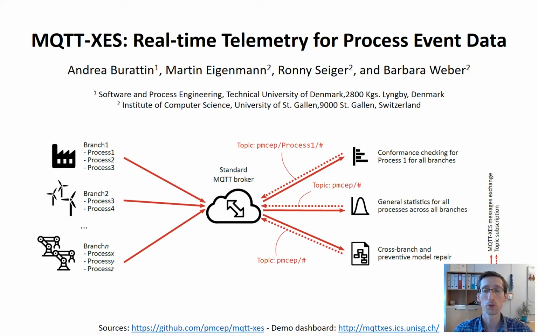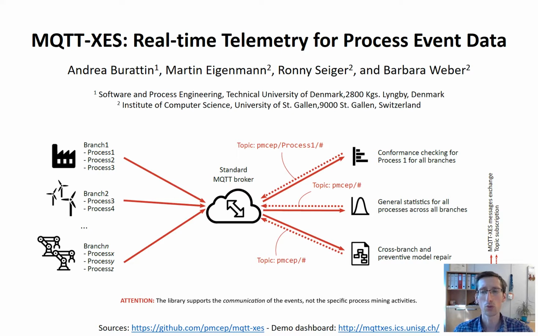An example of possible operations are, for example, calculating the conformity of one process with respect to the reference model. We can collect general statistics, for example, for each branch or for a process over different branches.